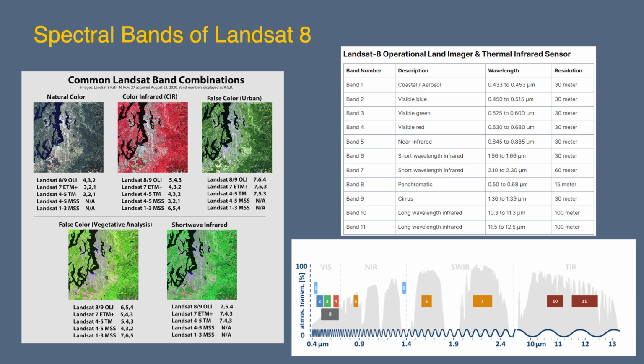Shortwave infrared range, bands 6 and 7, is useful for assessing soil moisture, vegetation condition, and studying minerals. Thermal infrared range, band 10, is used for monitoring land surface temperature, which allows for analyzing climate change and ecosystem health.